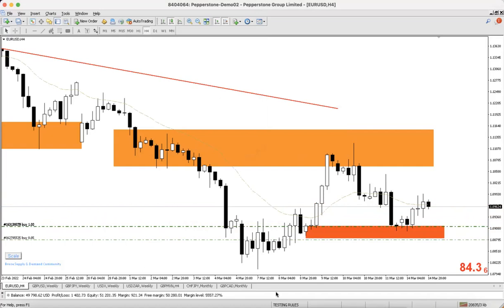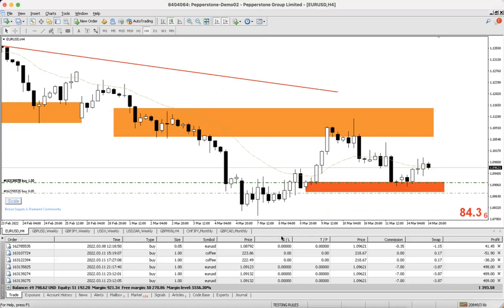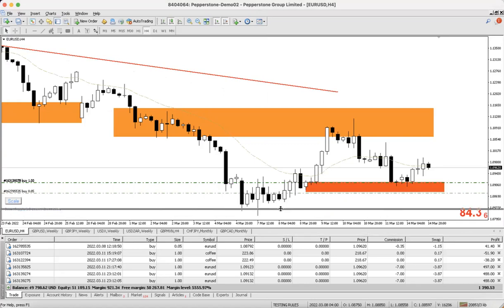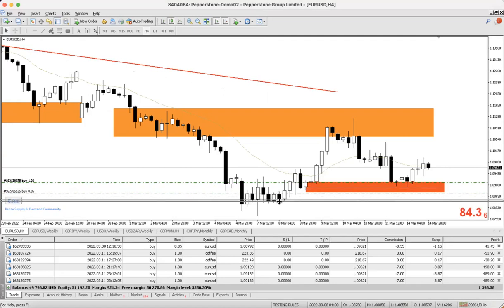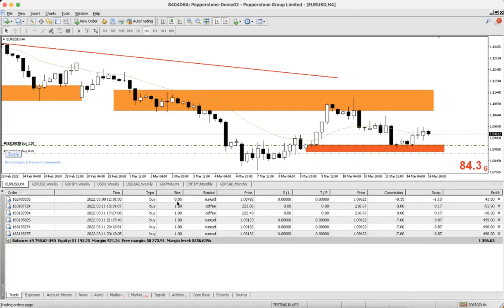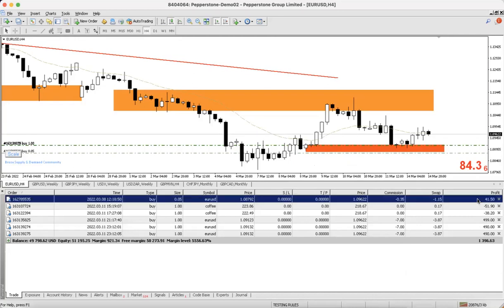So this trade that we took, guys, last week, I'm not sure how your trades performed. This is it here. It's still in profit. It's still $41 profit.